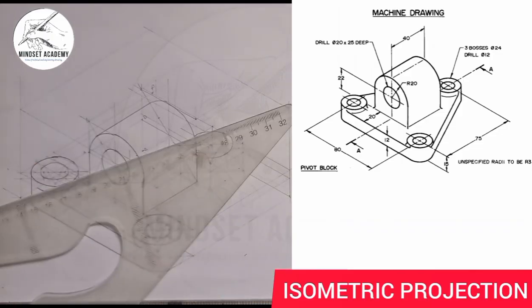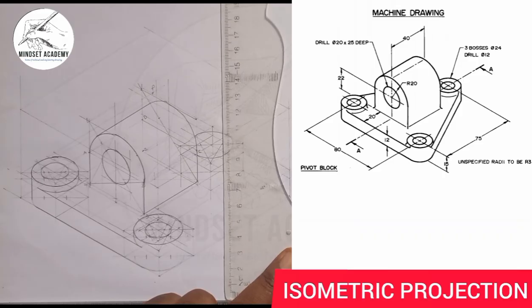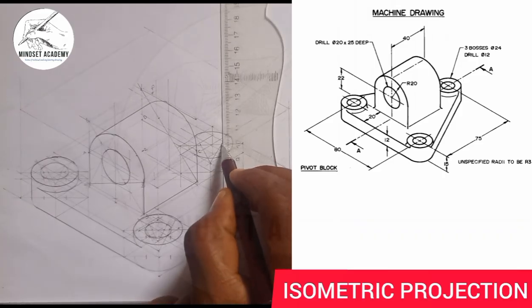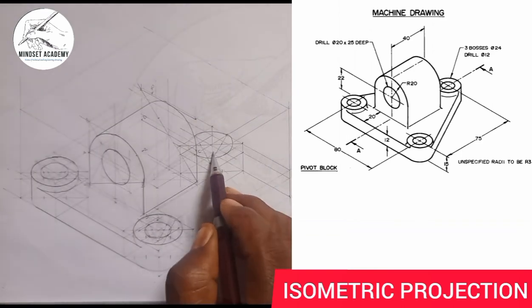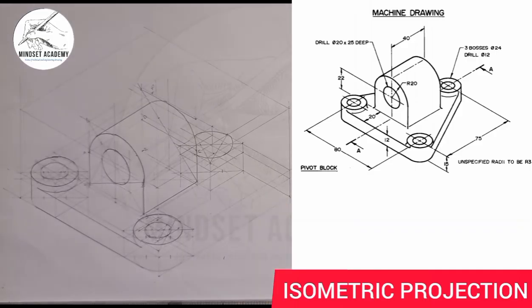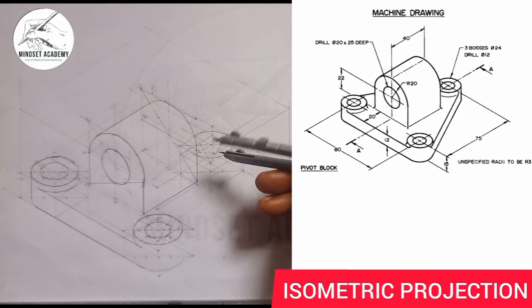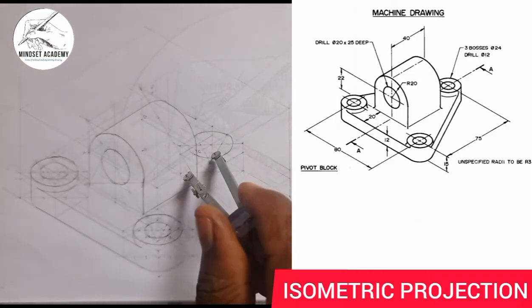Then you transfer the point down this way. This point on the diagonal, transfer it down. Now, where this line and this line meet is here. So from that point I mark here, I'll just connect this to this way.